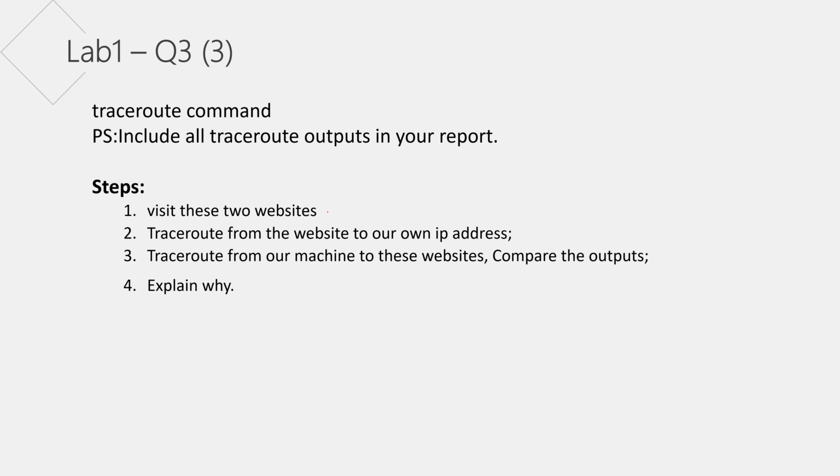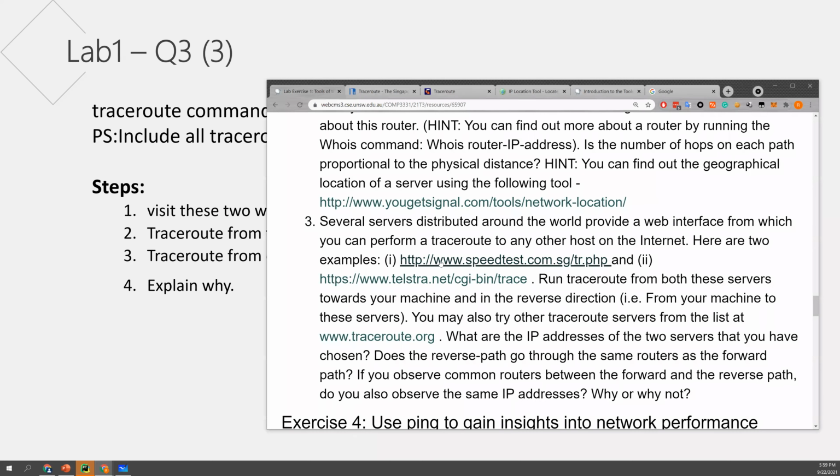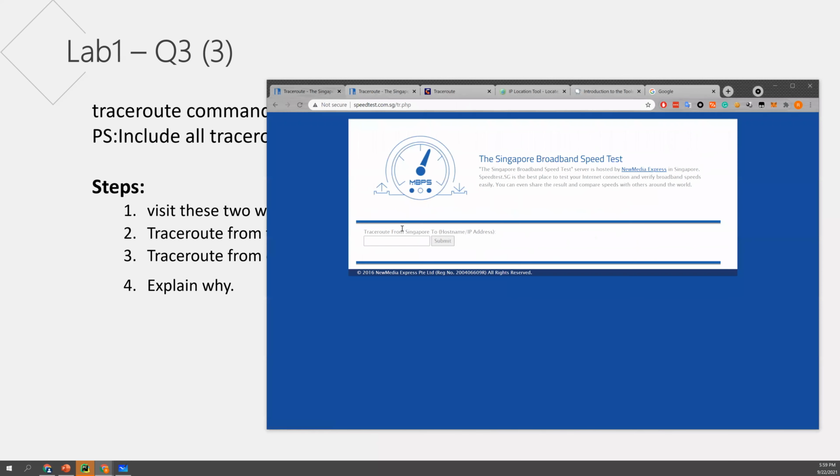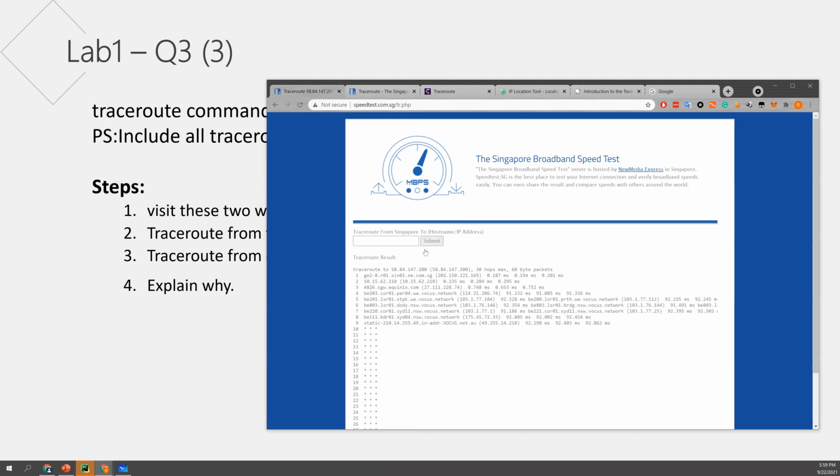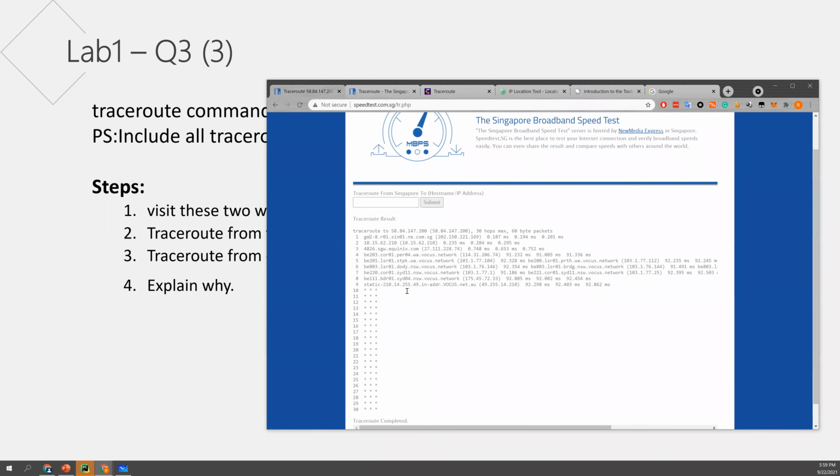Just to repeat, we need to have a check of these two websites here. Under here, just click it. And then here is the box. We can put some IP address here and submit. It will run the traceroute for us. Like this.